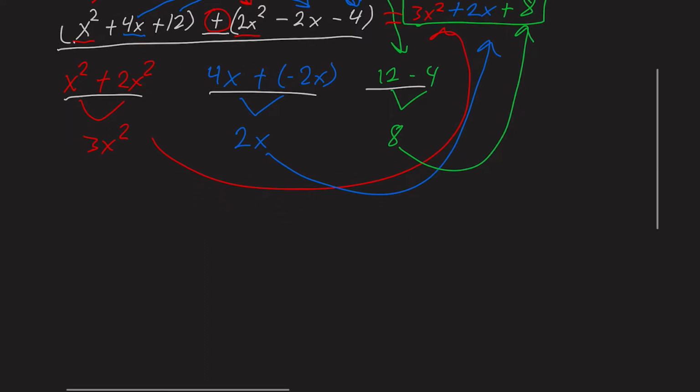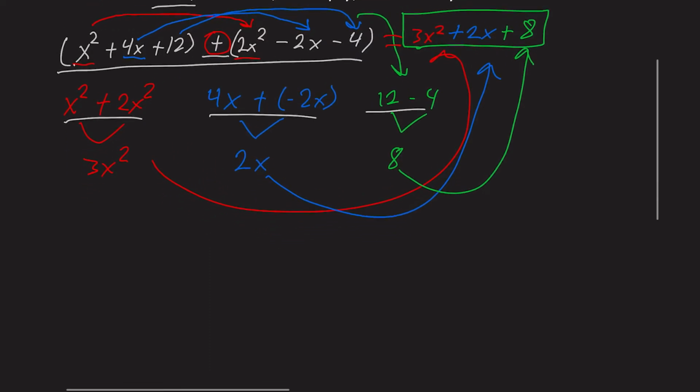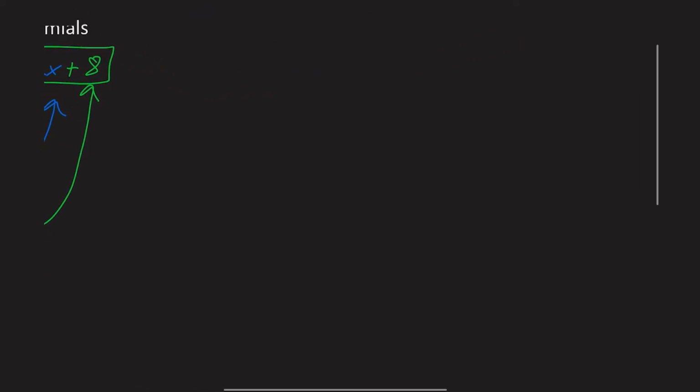Now, let's try again with subtraction, and subtraction operates by exactly the same principle. So let me draw the same thing again: 2x squared plus 4x minus 12 minus, this time, let's say x squared minus 8x plus 14.